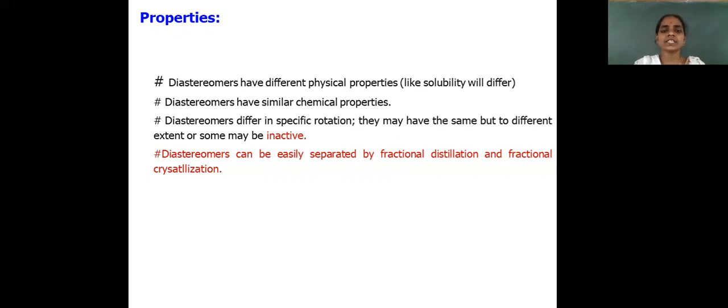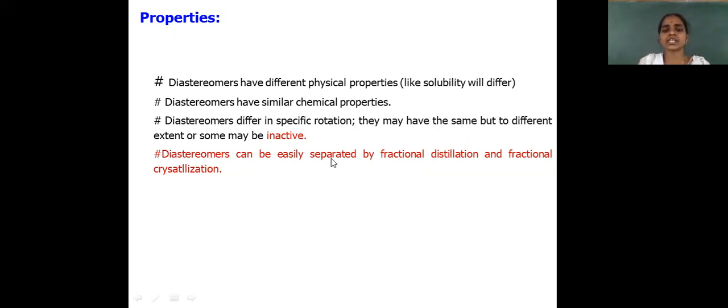Inactive means the diastereomers rotate on the same side. Maybe two diastereomers both rotate towards the right, or both completely towards the left. So when the two diastereomers rotate completely to the left or to the right, we call them optically inactive.